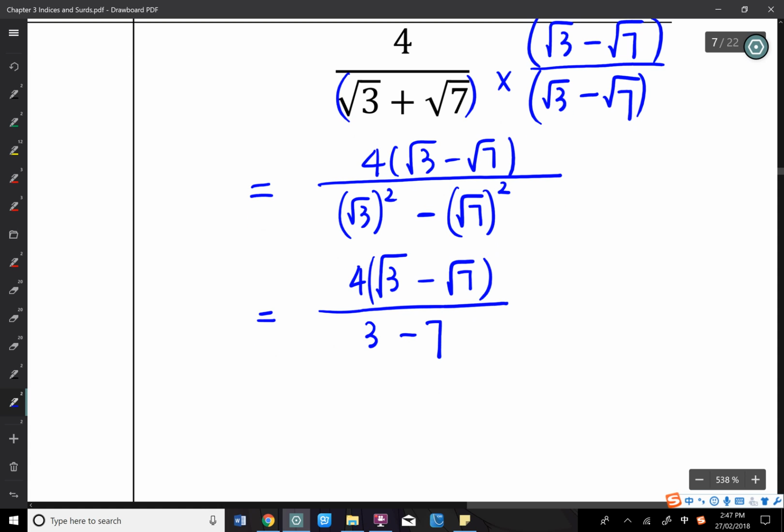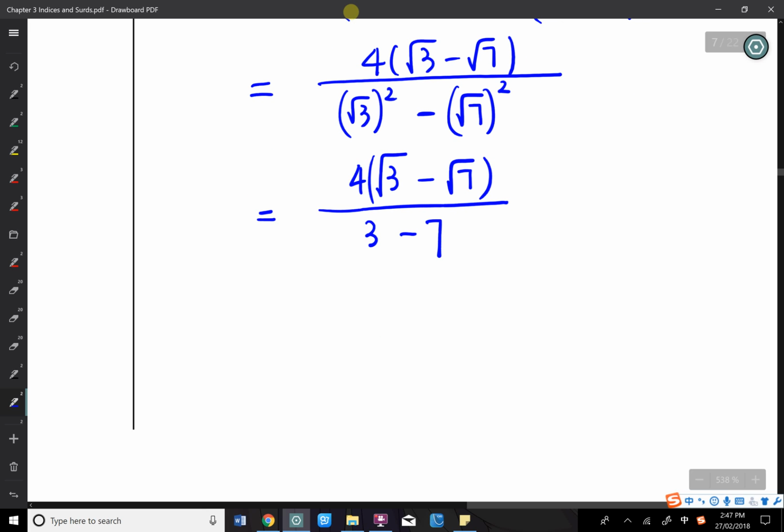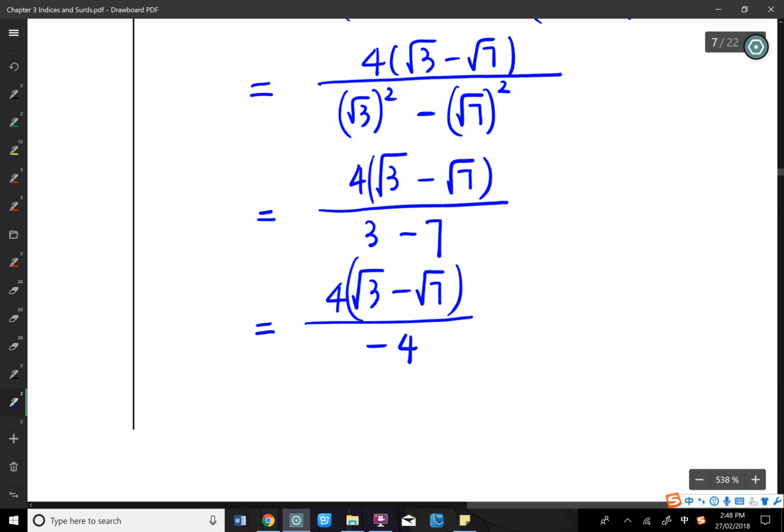Root 3 squared is 3. Root 7 squared is 7. And then we have 4 root 3 minus root 7 over negative 4.